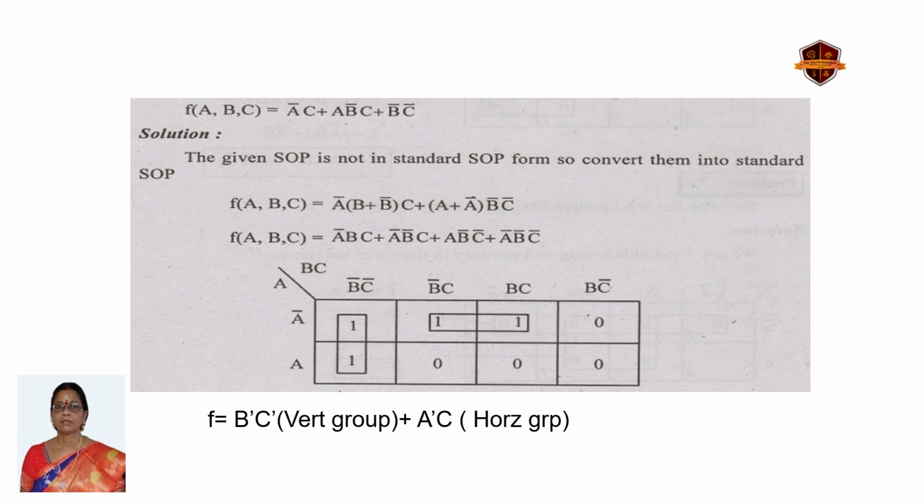Of these, only essential prime implicants are taken for simplification. Now the vertical group corresponds to B bar C bar. For the horizontal group, in the row A bar has to be taken, and in the columns B bar C and B C, C is common. So it is A bar C. The resultant expression is B bar C bar plus A bar C.